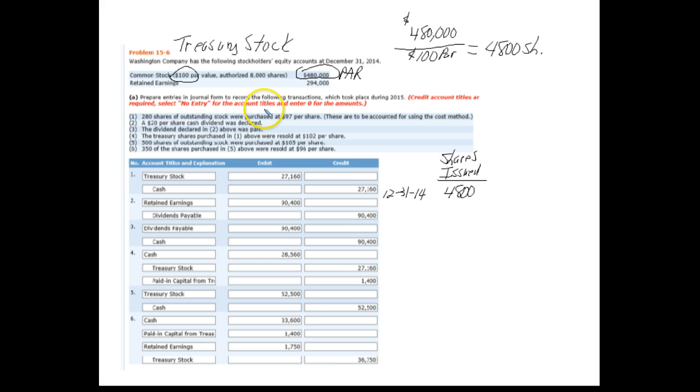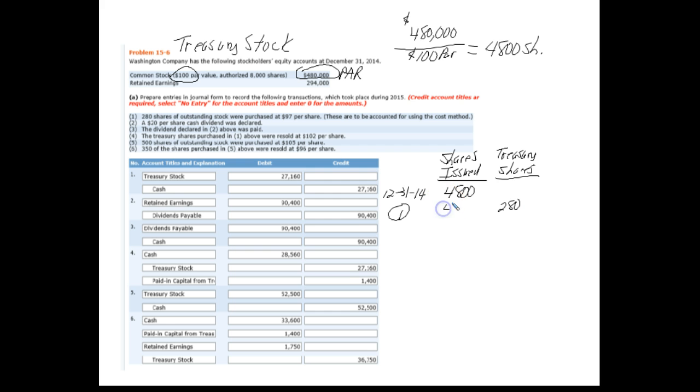So the first one, these are all for 2015. They bought 280 shares of outstanding stock at $97 per share. So on our first transaction in 2015, let's schedule out Treasury shares. Shares in the Treasury, they are buying 280.